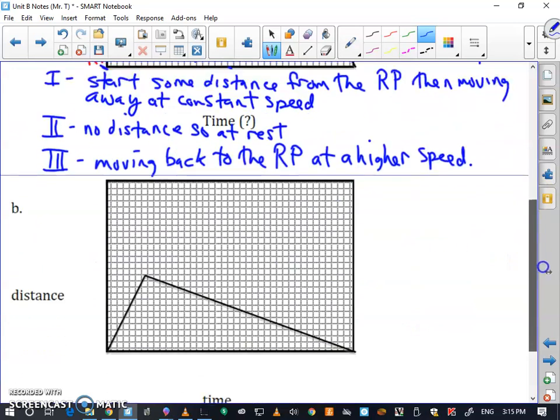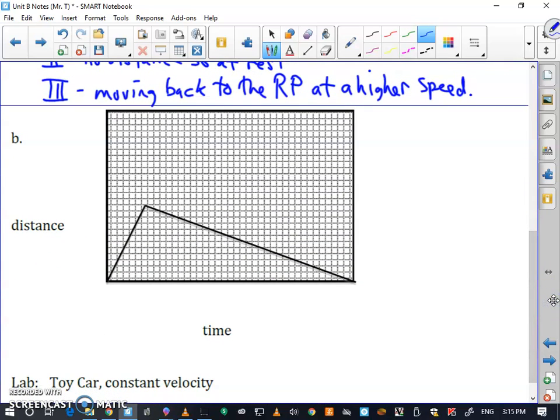All right, down below here. This one right here. It's just trying to get across the idea with the rate of motion here with these lines and what direction's happening. So in part one, you can see that it's moving away from the reference point fairly quickly, okay?